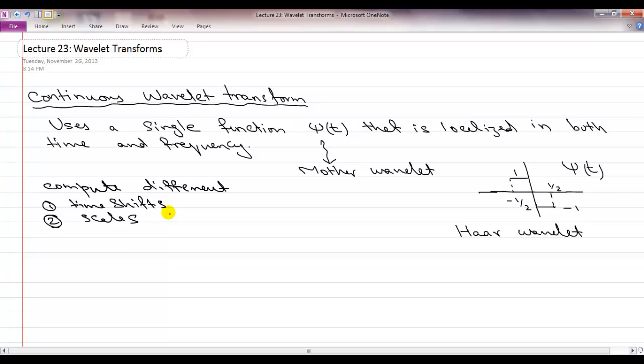At some level, all possible time shifts and scalings of this mother wavelet give you perhaps a redundant representation, a redundant basis of the signal class that you are dealing with. So if we were dealing with orthogonal wavelets, which do exist, in that case we will just say that time shifts and scales of your mother wavelet essentially generate the basis of the function class you are dealing with.